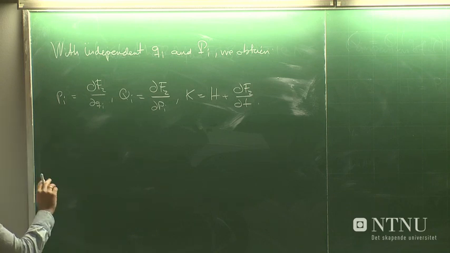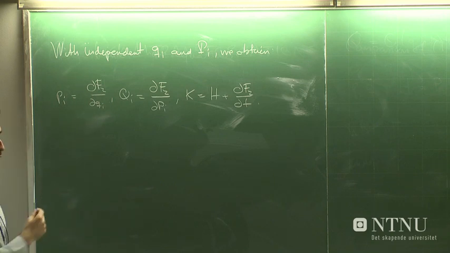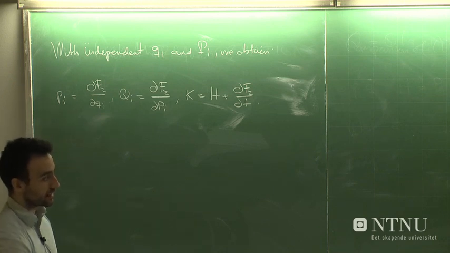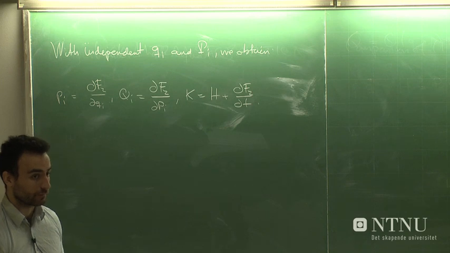So for a set of transformations that looks like this, f2 is the generating function. Now it's worth noting that there is an explicit connection between f1 and f2, which we have seen before.